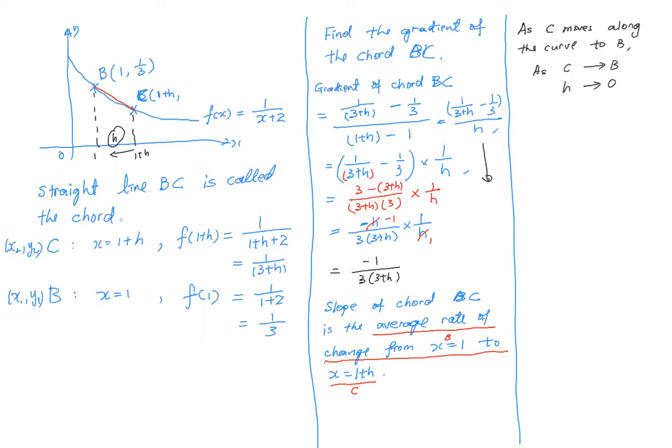So therefore the gradient of chord BC will approach the rate of change at B, or we call it the gradient of the tangent at B.